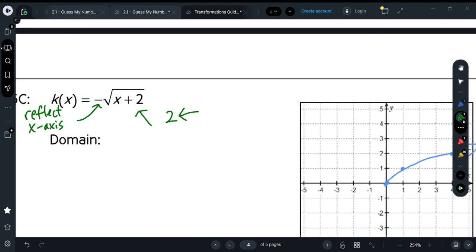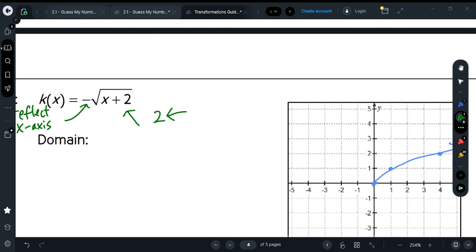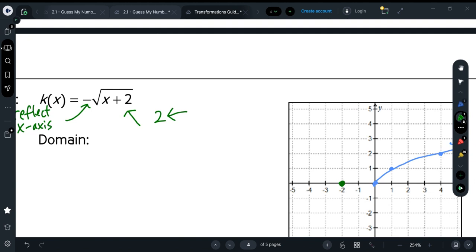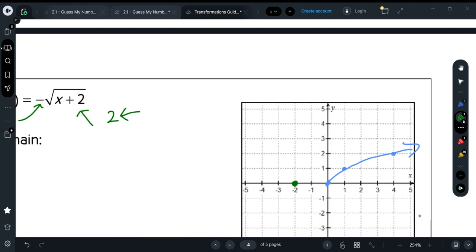So it's being translated 2 units to the left. So I'm going to take my starting point and move it 2 units to the left. 1, 2. Now this is the starting point. And reflect in the x-axis, so it's flipped top to bottom. So instead of going up and to the right, it's going to go down and to the right. So we'll have this here, and then 1, 2, 3, 4 here. This is the graph that we're going to have. That there is the transformation.